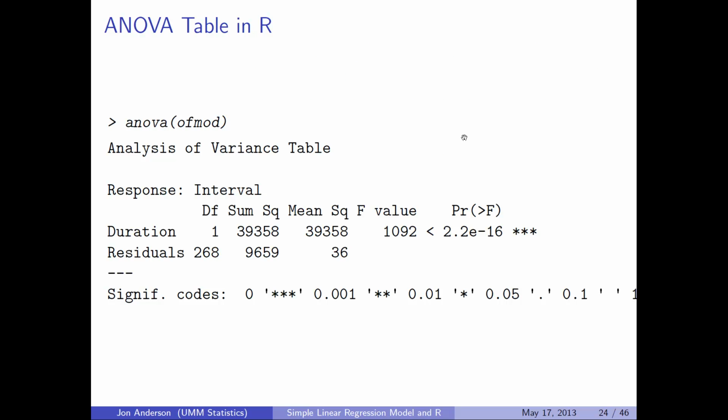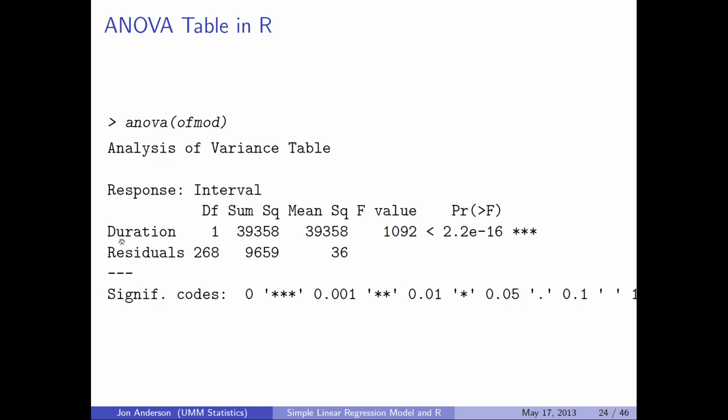You can get an idea about these components from R by using the anova command. So if you have an estimated least squares model like OF mod, or Old Faithful mod, like we generated earlier in the overheads, you can type the anova command and you'll get this decomposition.